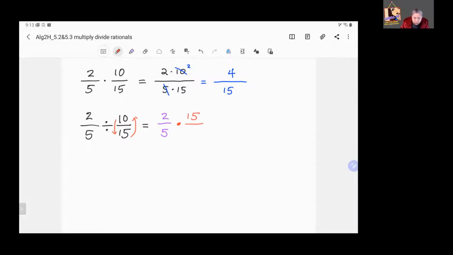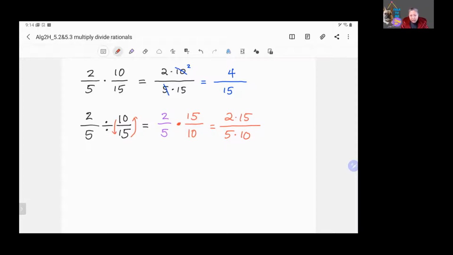So now we have 15 on the numerator and 10 on the denominator. So, reciprocal of the divisor. Then we went ahead and multiplied 2 times 15 and then 5 times 10 here. Then in this case, the procedure is exactly the same as what we did for the multiplication.